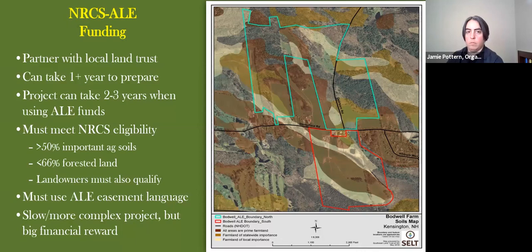And I mentioned this before, but ALE requires very specific deed language that you're going to need to incorporate into the conservation easement. So it's important to know that going into the project, and it's really important that the landowner understands that as well. It's a slow, more complex project, but there's a big financial reward as NRCS contributes 50% of the total fair market value of the easement.